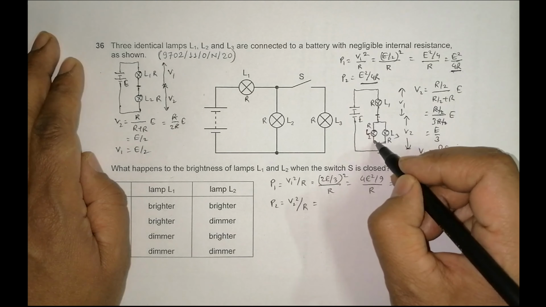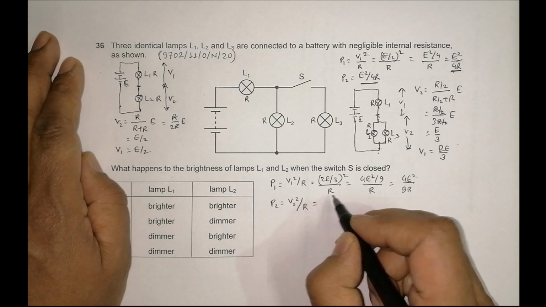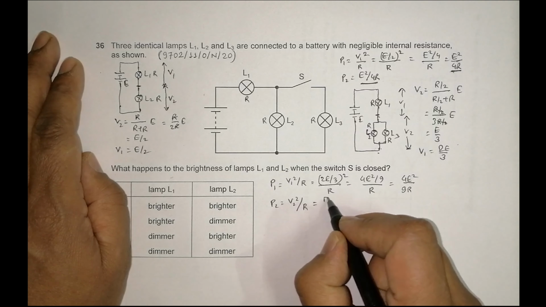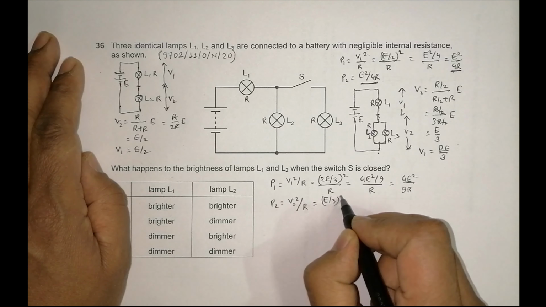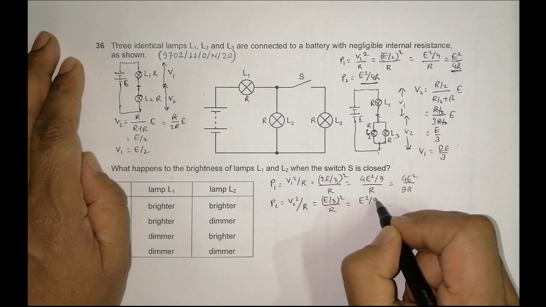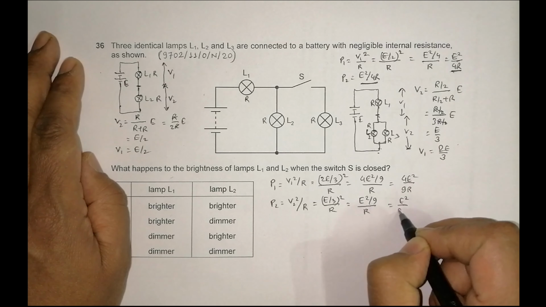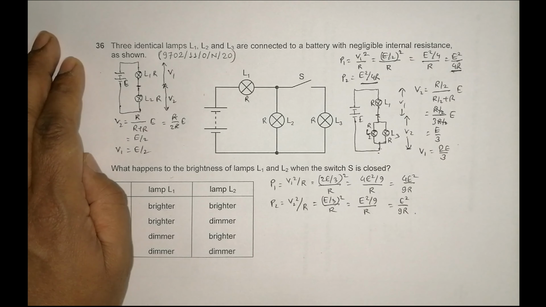The PD here and the PD here are the same. So V2 squared by R, with V2 as given here, E by 3 squared by R, equal to E squared by 9 by R, equal to E squared by 9R.